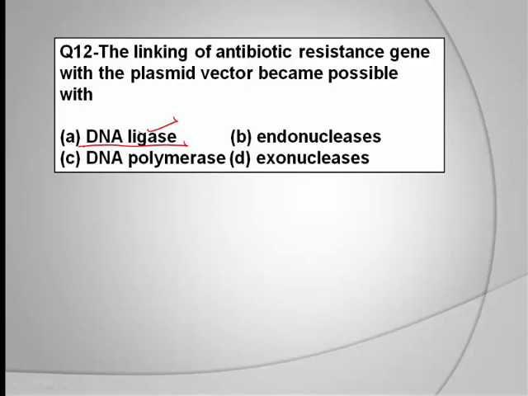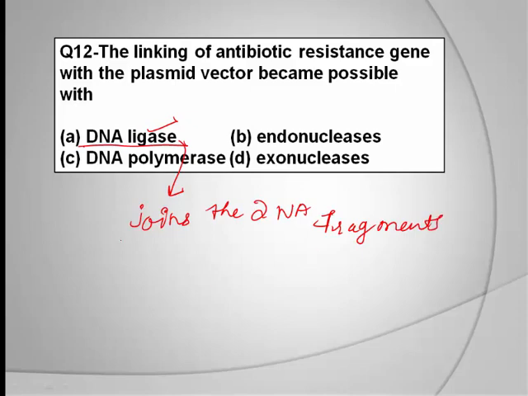DNA ligase, because DNA ligase can join the two DNA fragments. What is the function of DNA ligase? It joins the DNA fragments. DNA fragments can be joined with the help of DNA ligase.